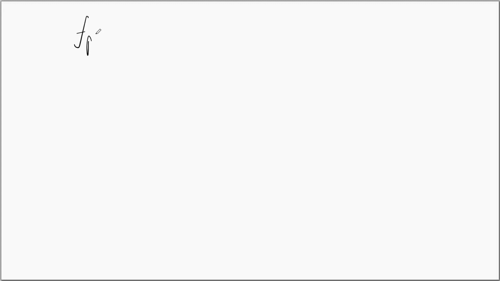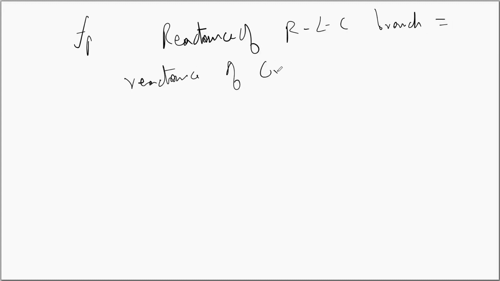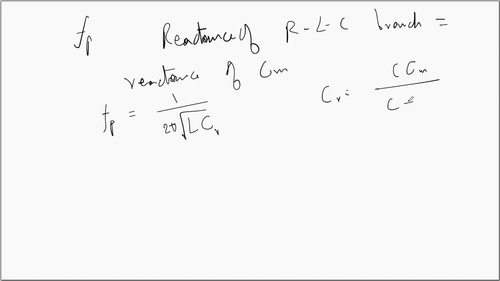the parallel resonant frequency. This occurs when the reactance of the RLC branch is equal to the reactance of Cm. The crystal offers a very high impedance to the external circuit, and the frequency of oscillation is given by Fp = 1 / (2π√(L Cr)), where Cr is equal to C Cm upon C plus Cm.